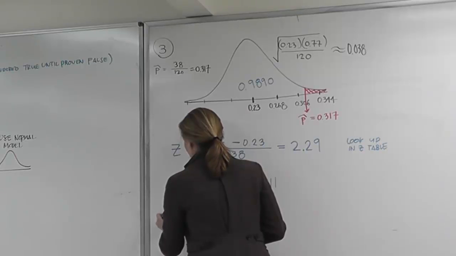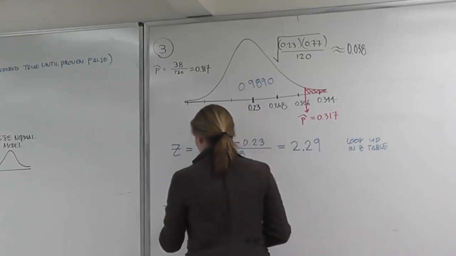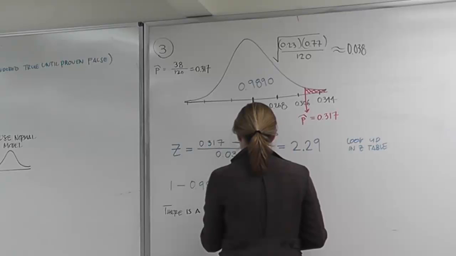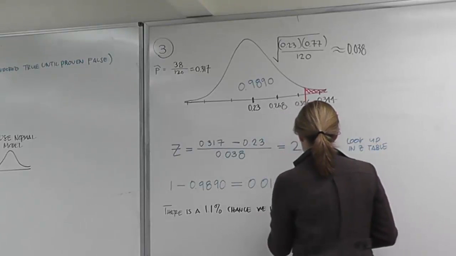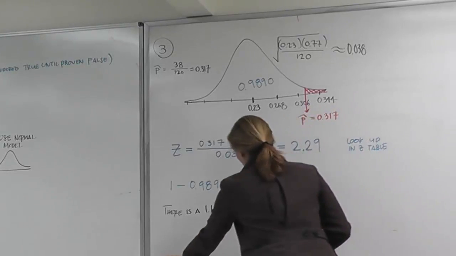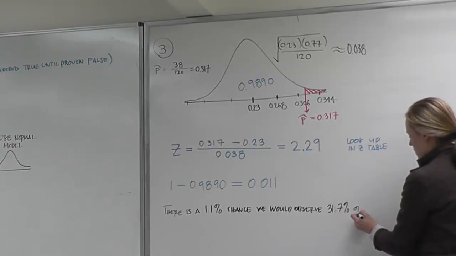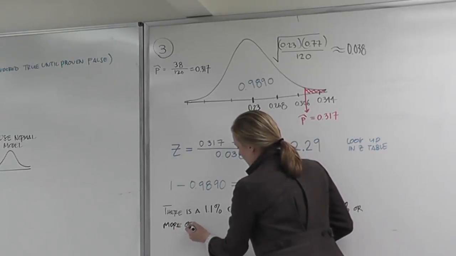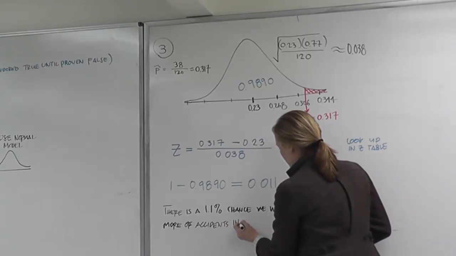Did you say like the community group's data is in the 1%? Yes, we could. There is a 1.1% chance we would observe 31.7, sorry, or more of accidents involving cell phones.